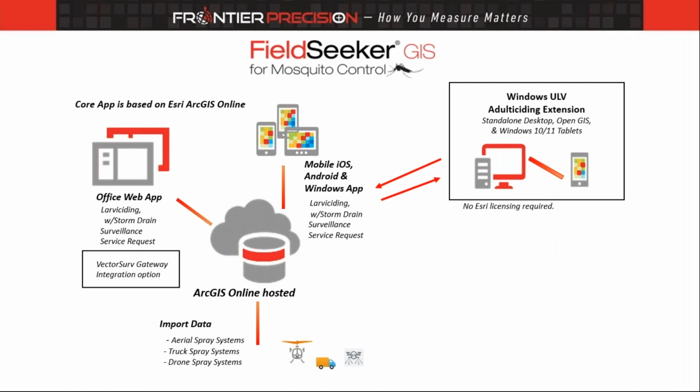So this is a standalone desktop system. So we will install software on a PC, or we can install the database on a shared server, and then you can access it with more than one PC. But it is a Windows 10, 11 system. And then the mobile device is only compatible with the Windows 10 or 11 system, and we typically supply that as far as the Mesa tablet goes.